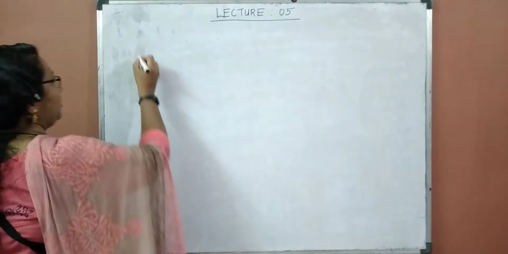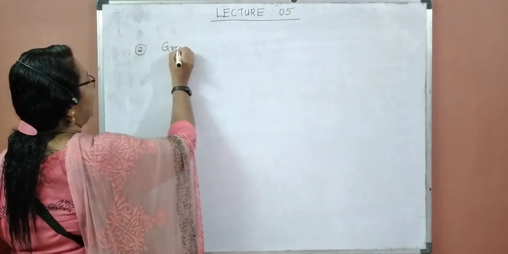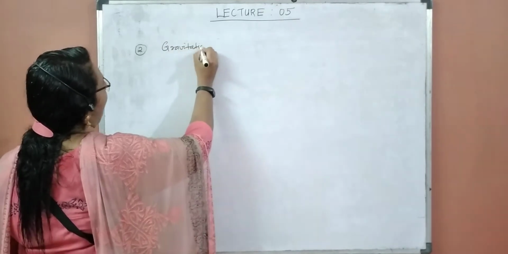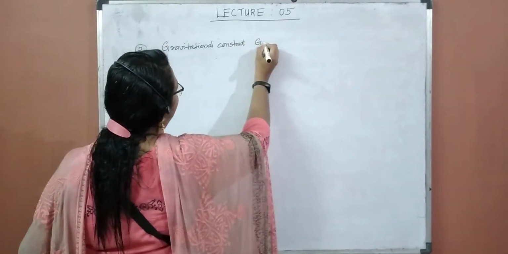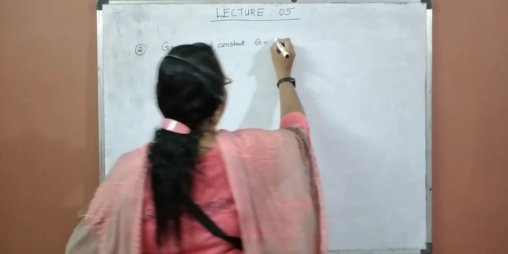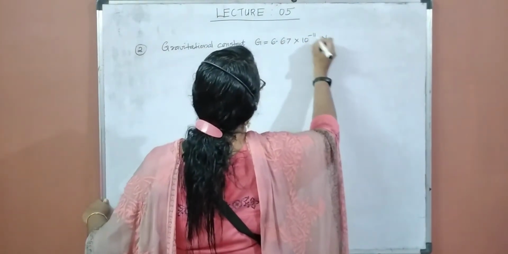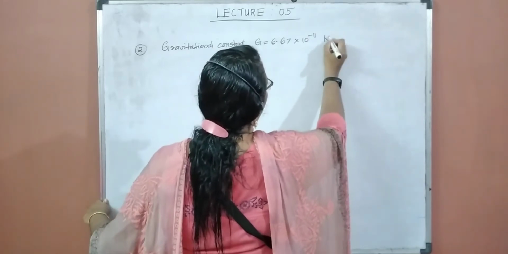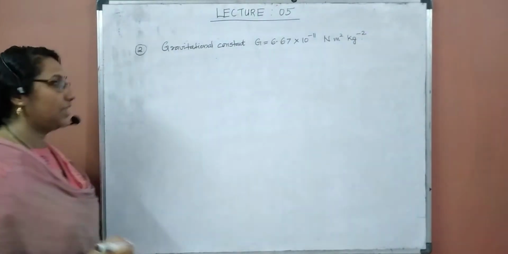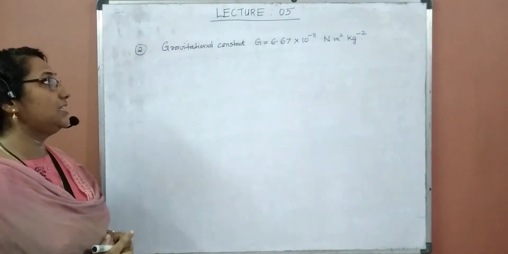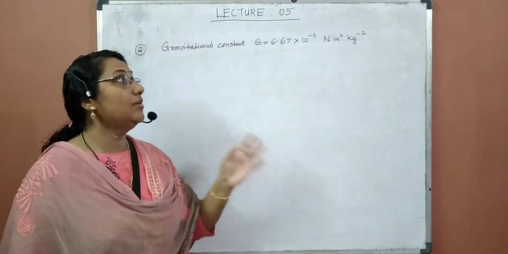In the second question, it is given that gravitational constant G is equal to 6.67 into 10 raised to minus 11 Newton meter square kilogram raised to minus 2.